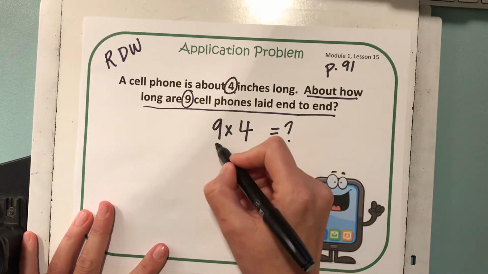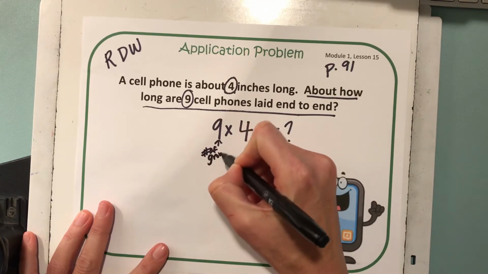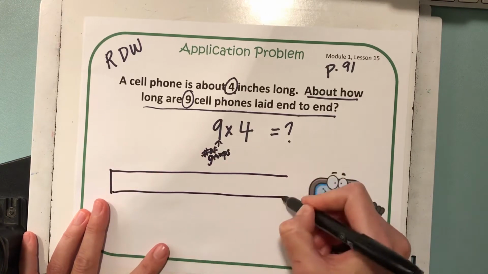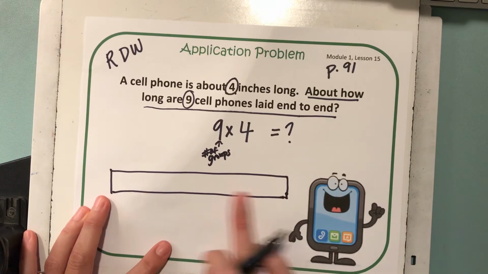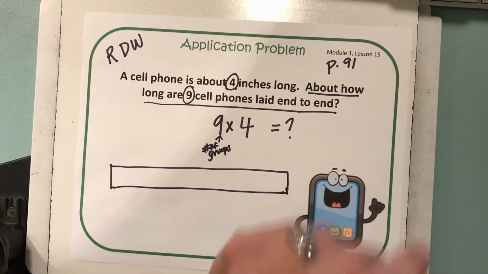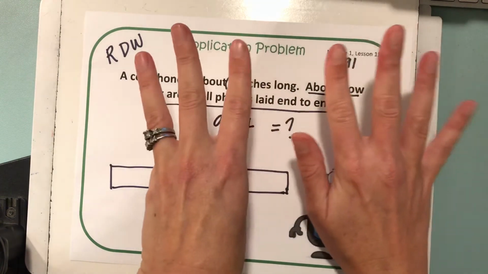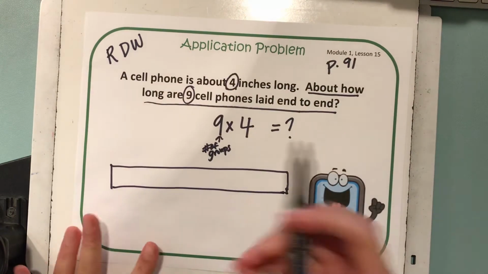Okay, so what is the number of groups? I have 9 groups, right? So I'm going to do 9 groups in my tape diagram. So remember, if I need to figure out how many lines to draw, because I know the number of groups, I'm going to go 9 and I'm going to take 1 away, and that gives me 8. That means I'm going to draw 8 lines in my tape diagram.